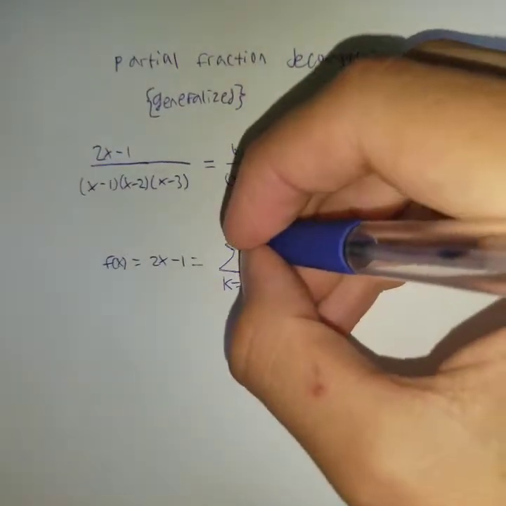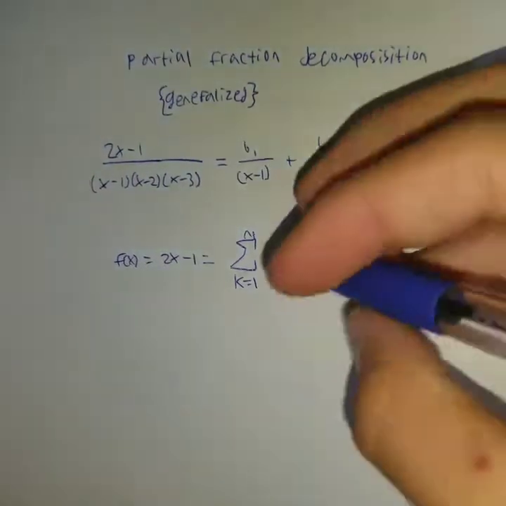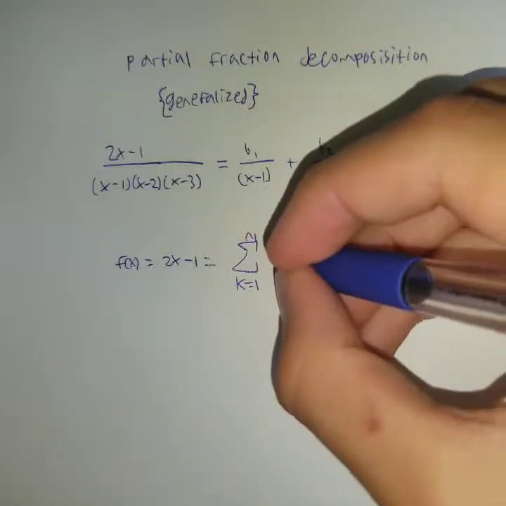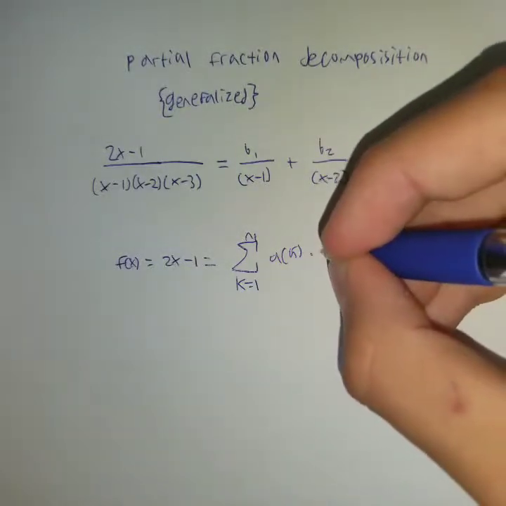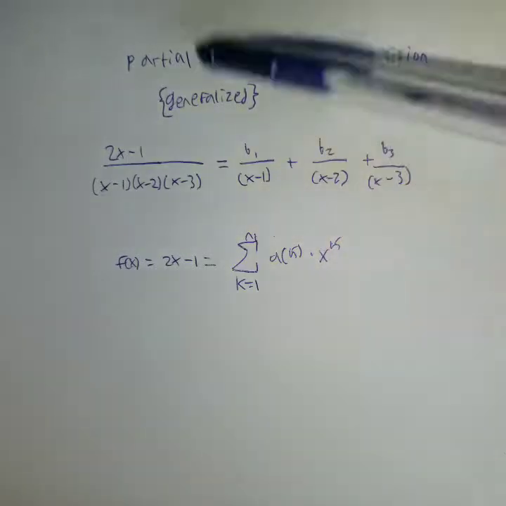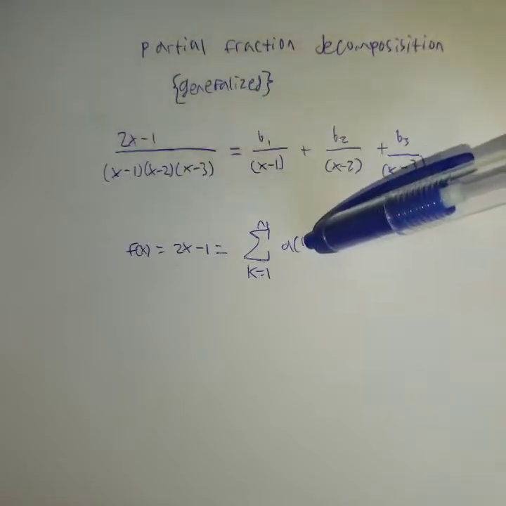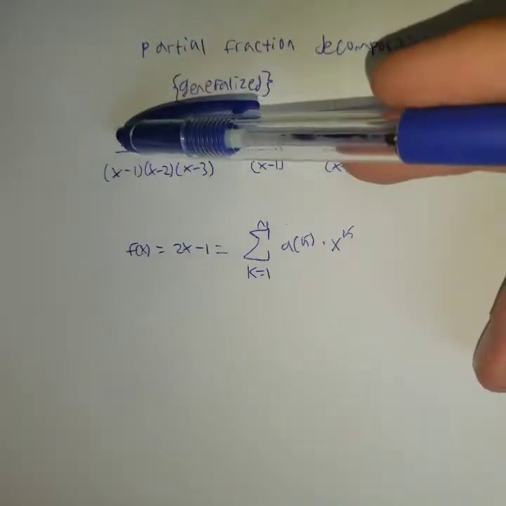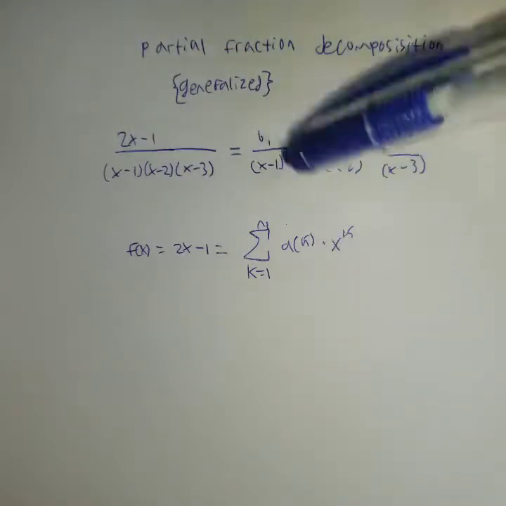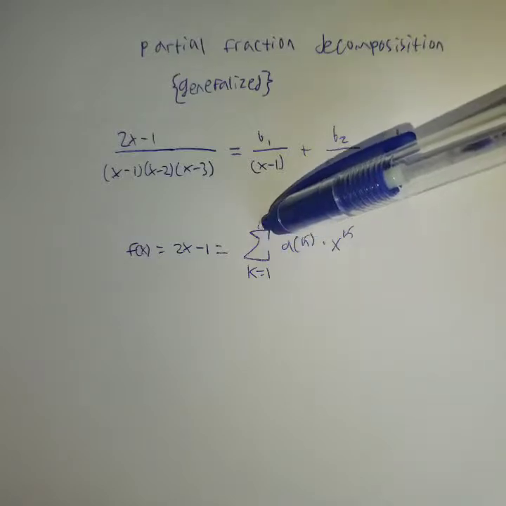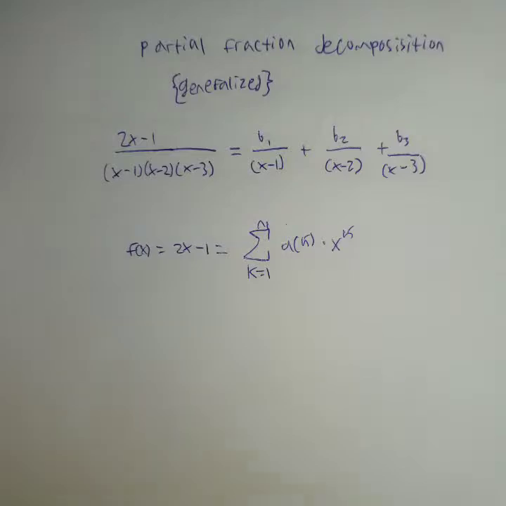I'm going to denote that as n1 because there are different numbers of terms on the top than on the bottom. So we have some arbitrary sequence a of k times x to the k. In this case, a of 2 is 2 and a of 1 is negative 1, and it goes up to n1 equal to 2 because it's two terms.